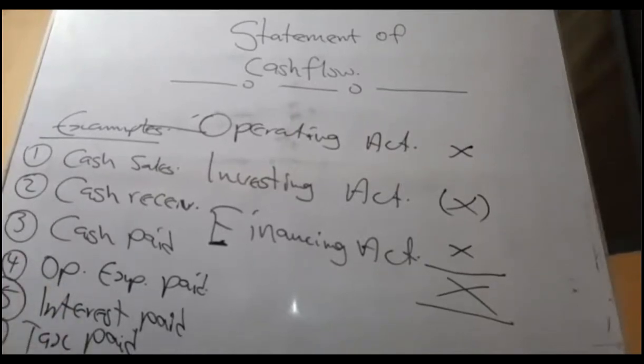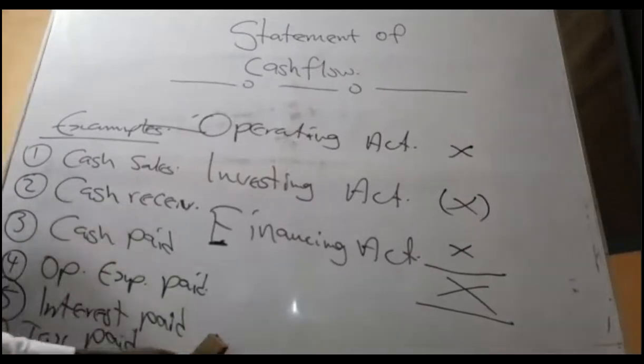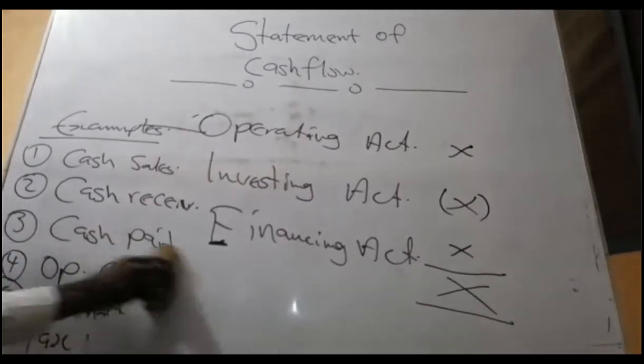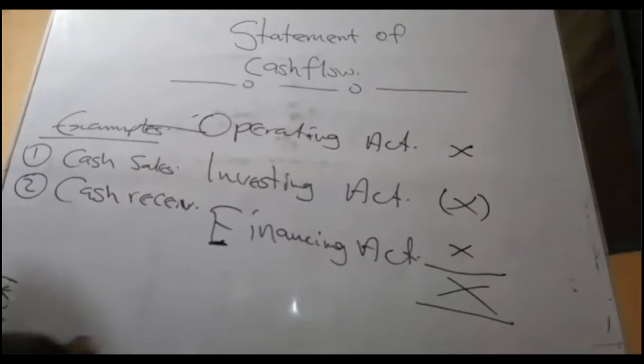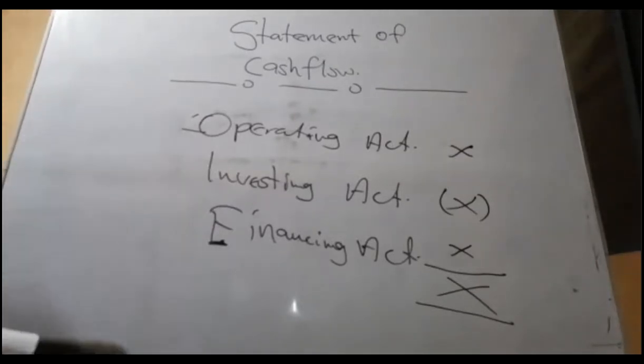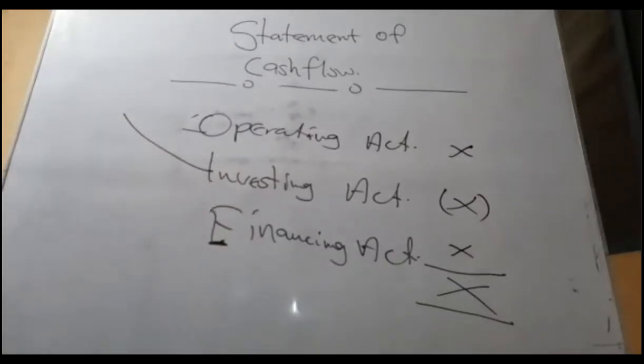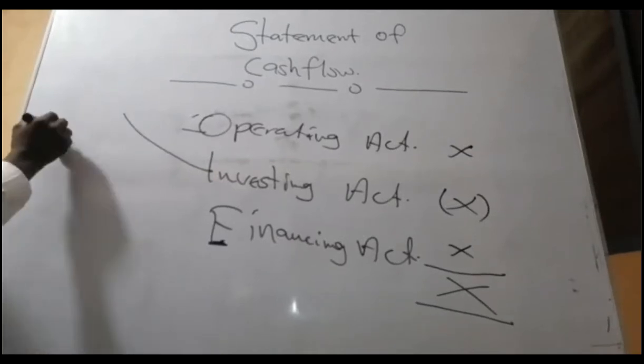But the delivery van is too old, so you decided to dispose of it. Great. Now, investing simply means opportunities that you took advantage of. That's all. So investing just talks about acquisition and disposal of non-current assets. Anything that has to do with acquisition and disposal of non-current assets is investing activity.